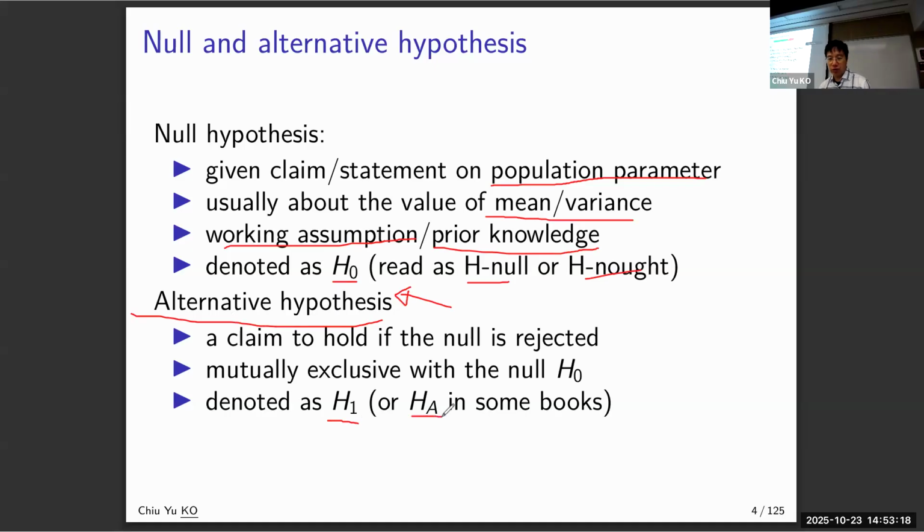It depends on the book you read, but these two must be mutually exclusive, but need not be exhaustive. So you have to know the first two terms: null hypothesis and alternative. Null is the thing you start with, and alternative is where you look at data, to see whether the data is supporting or not.